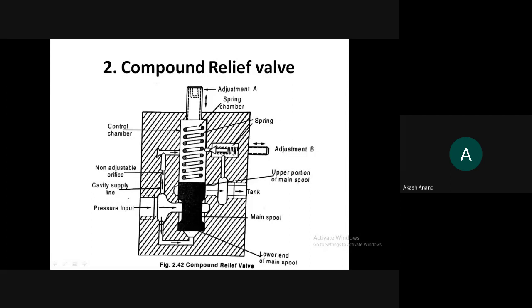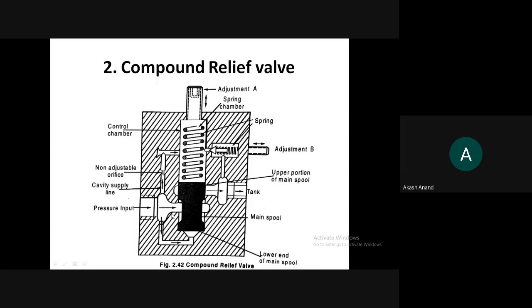If adjustment B is very high, so that further increase in input pressure will not open this adjustment, then the total pressure coming inside the pressure inlet port will be given into the bottom of the main spool, so that at a certain magnitude the main spool will be raised.